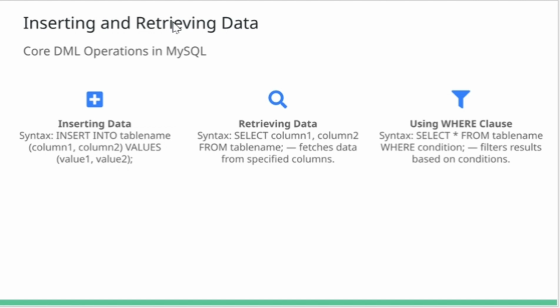This command adds a new row of data by assigning values to the specified columns in the table. Firstly, let us see the theoretical part and further move on to the practicals.